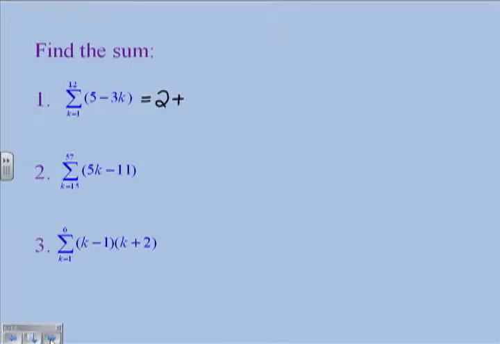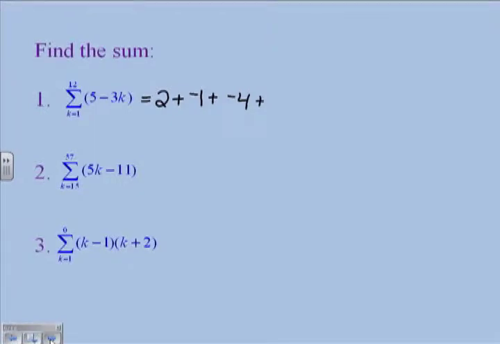Then I let k be 2. Would that be 5 minus 6? I get a negative 1. I know I don't have to put plus negative, but we might want to in the beginning. If k is 3, I have 5 minus 9. I get negative 4. And you might start to see the pattern and not need to write more.